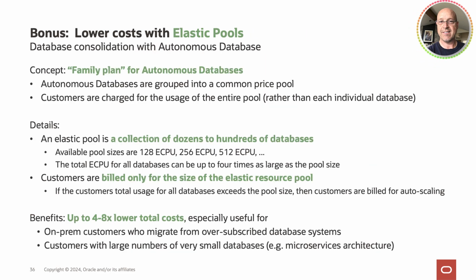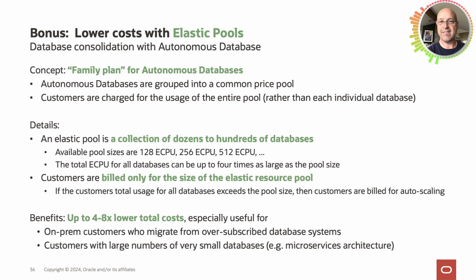And then we have other cost benefits like elastic resource pools, which is kind of like the volume discount. If you're one of those customers that has hundreds or thousands of databases, I know some Oracle customers that have in excess of 30,000 databases in one customer. But that's still nothing compared to what we're managing in autonomous database these days.